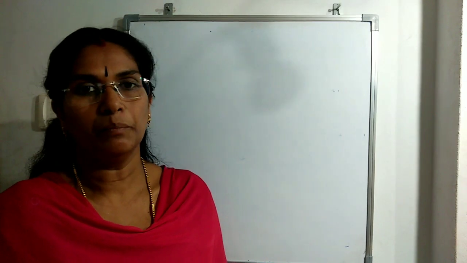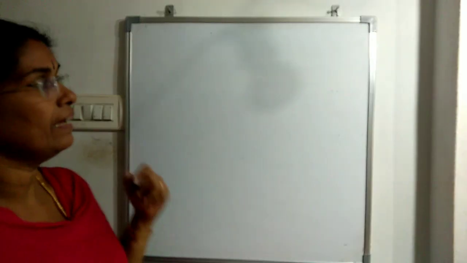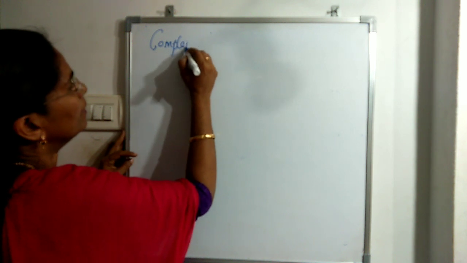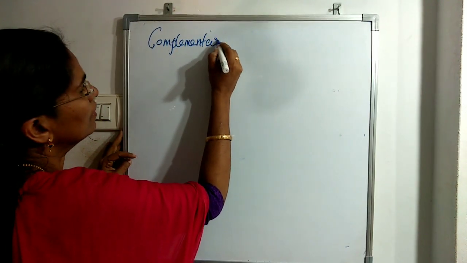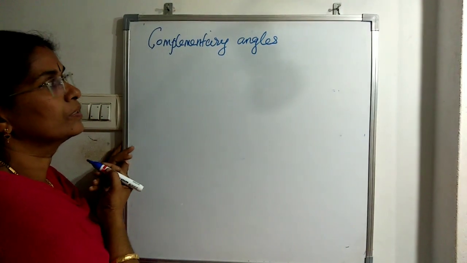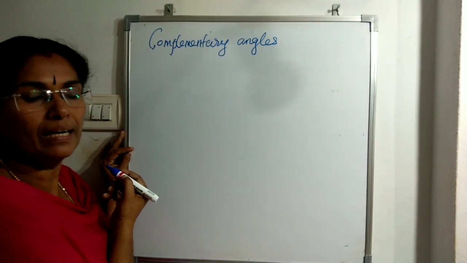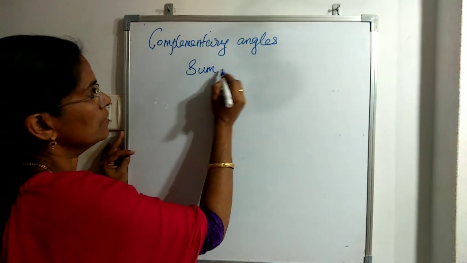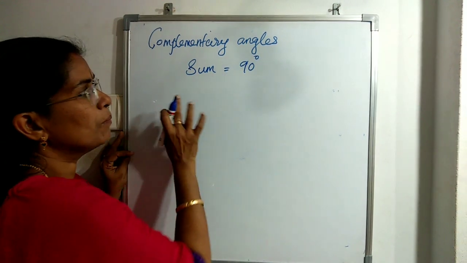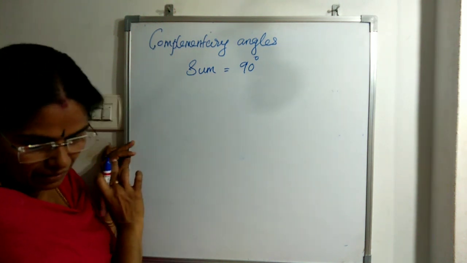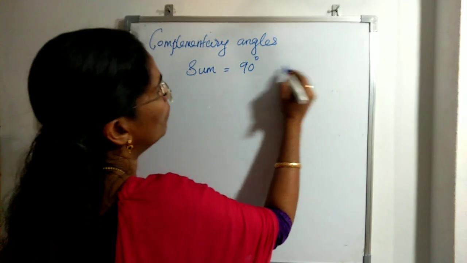Another important element is complementary angles. That is, the sum of two angles is 90 degree. Adding two angles together, if we get 90 degree, we say they are complementary.